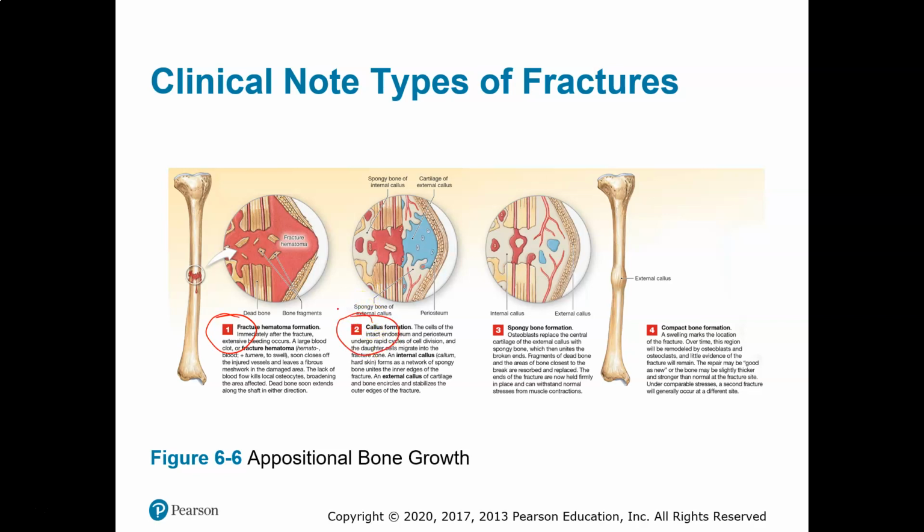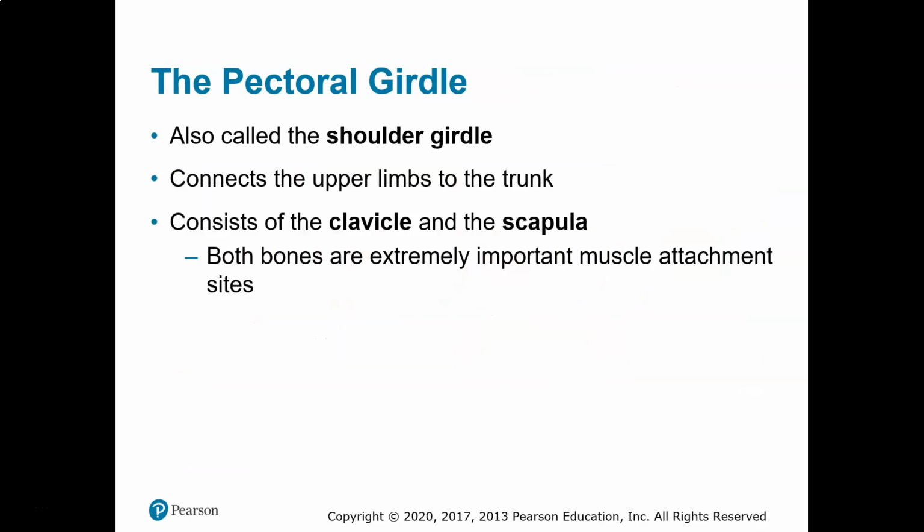But the callus is forming at the break, and the cells of the periosteum and the endosteum are migrating to the area, and new bone tissue is being formed, and you end up with a thickened area where the fracture occurred.